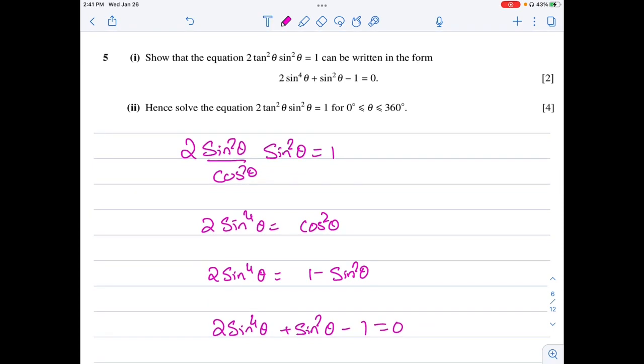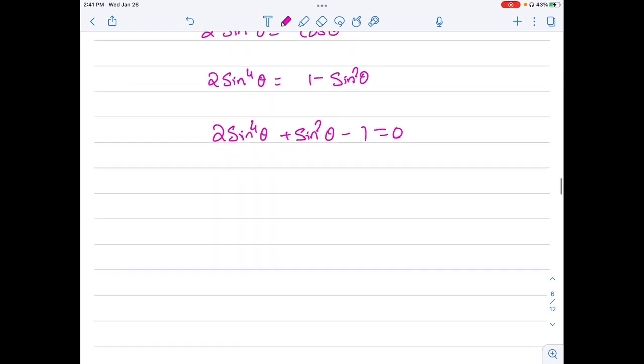Now what is he telling? Hence solve this equation between 0 and 360 degrees. So I factorize this one. 2 sin power 4 theta plus sin square theta can be split into 2 sin square theta minus sin square theta minus 1.